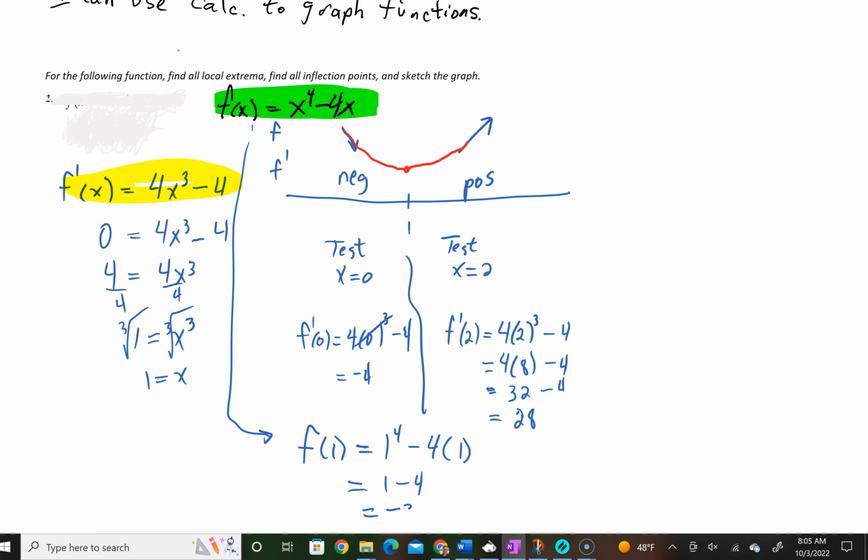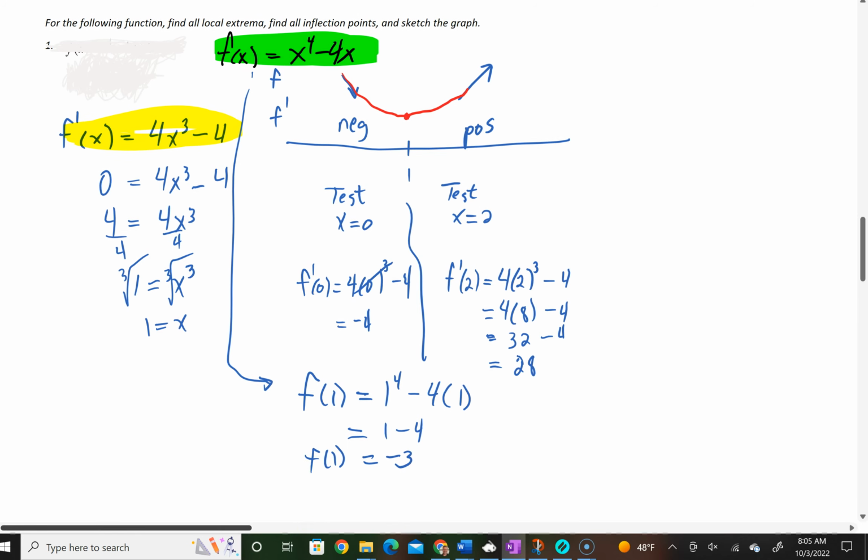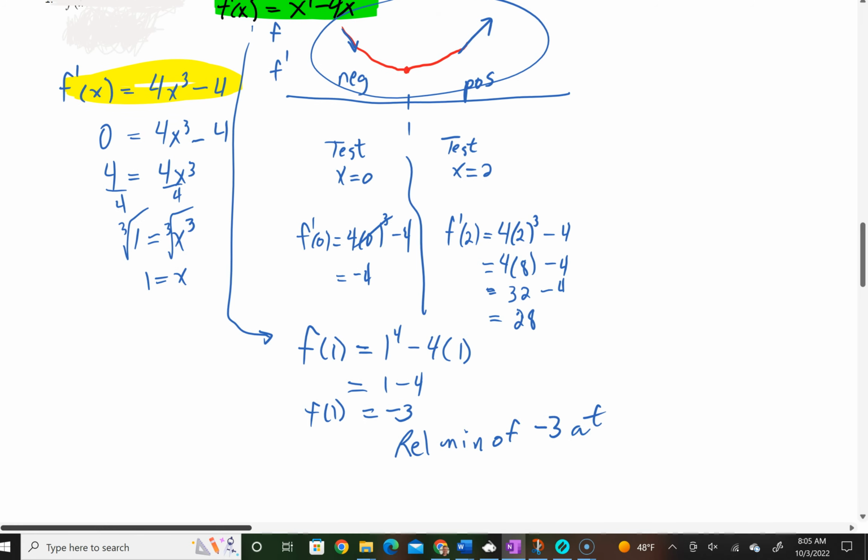This becomes negative 3. So what we can do right now is we know, look at that red little sketch right there. I can say that we have a relative min of negative 3 at x equals 1, but we have to give a reason.